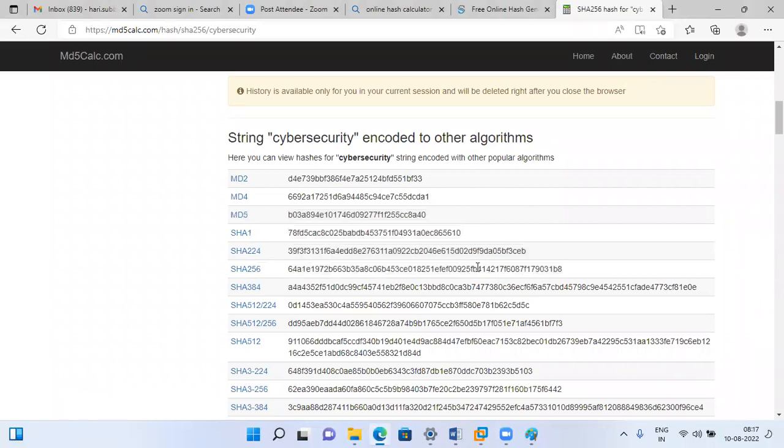So remember, if someone is able to crack the hash, it means that they are able to read the plain text. So the size of the hash should be more. The size of SHA-256 is, I guess, 256 only.